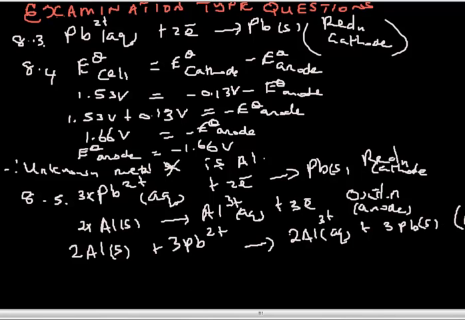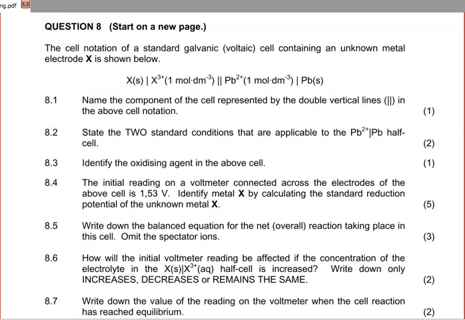Now let us go on to the next question, which is 8.6, which says how will the initial voltmeter reading be affected if the concentration of the electrolyte in the X solid X3+ half cell is increased?